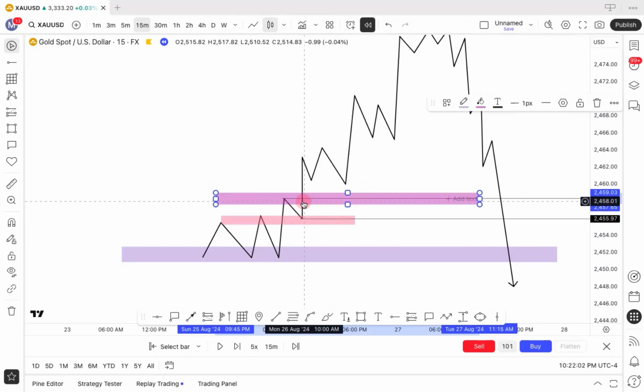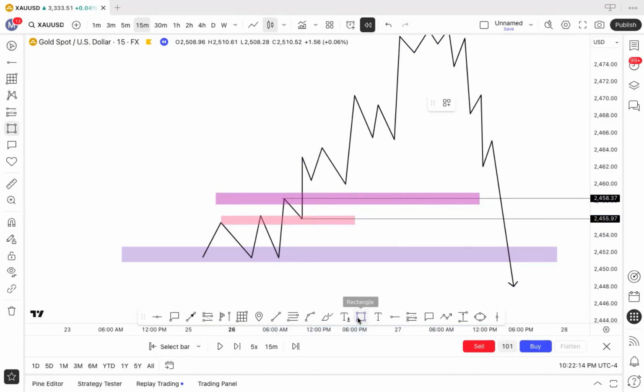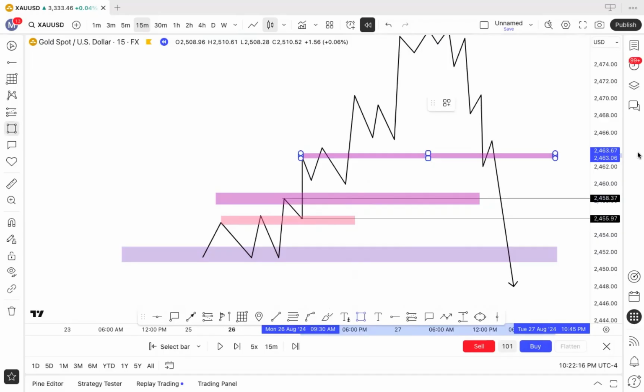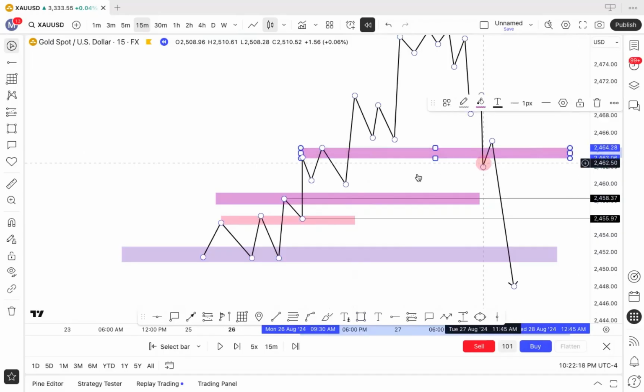Our floor is lower than our ceiling. This is lower than our ceiling or our resistance. So that means this will now be our new resistance zone. And as we move along, that is what's going to continue happening, right?